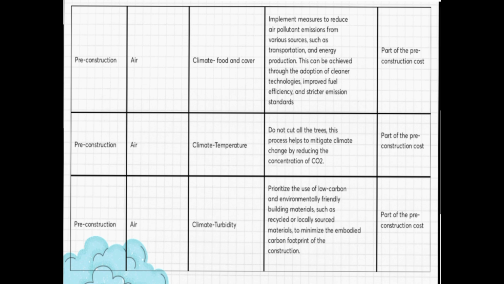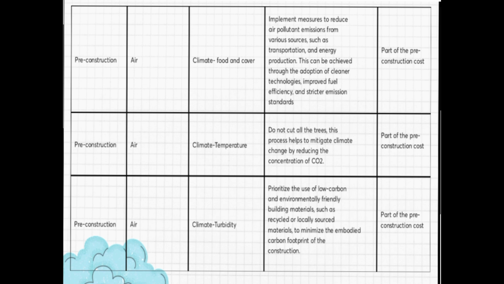The mitigation for that is to implement measures to reduce air pollutant emissions from various sources such as transportation and energy production. This can be achieved through the adoption of cleaner technologies, improved fuel efficiency, and stricter emission standards. And the cost is part of the pre-construction cost.